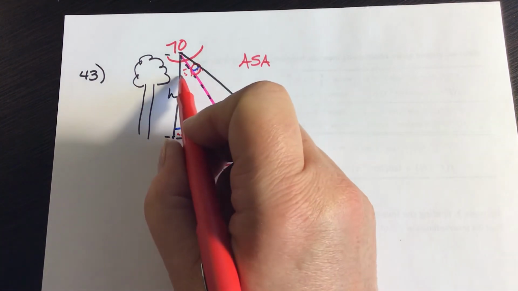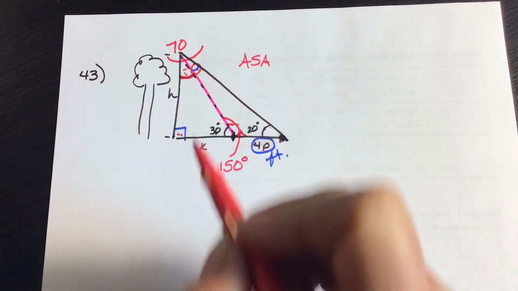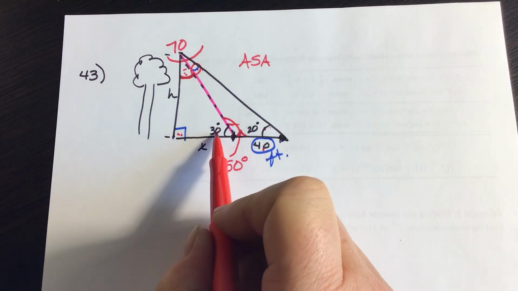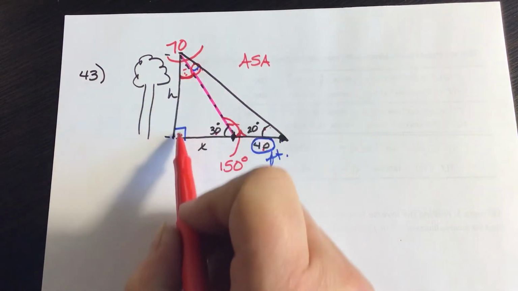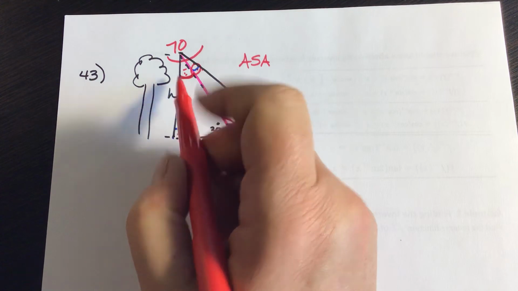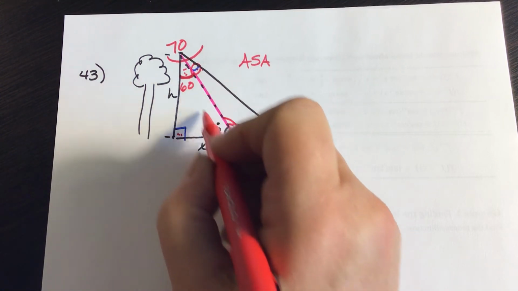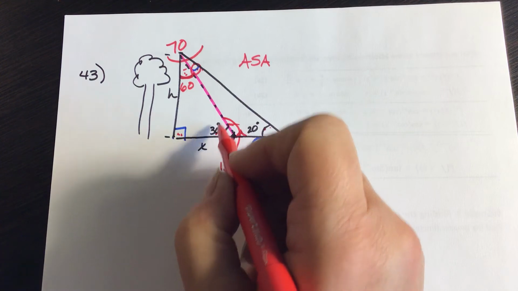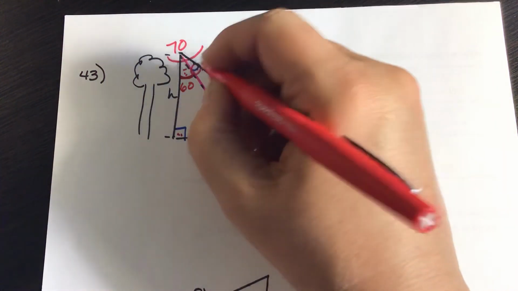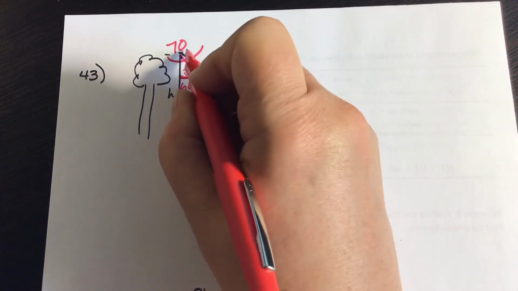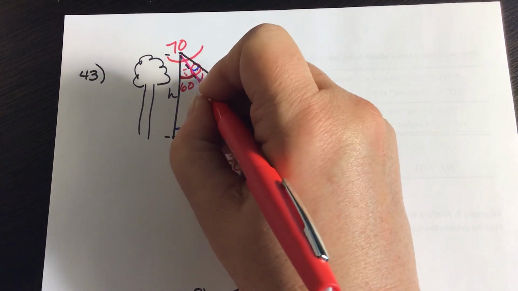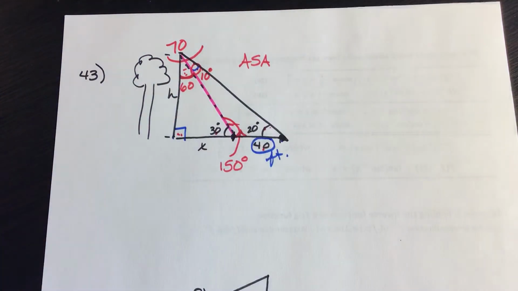And I know that just this part of the angle, if I just look at this little triangle, 30 plus 60 is 90. So these two have to add up to 90. So this angle over here, if the sum of these add up to 70, this angle is 10.